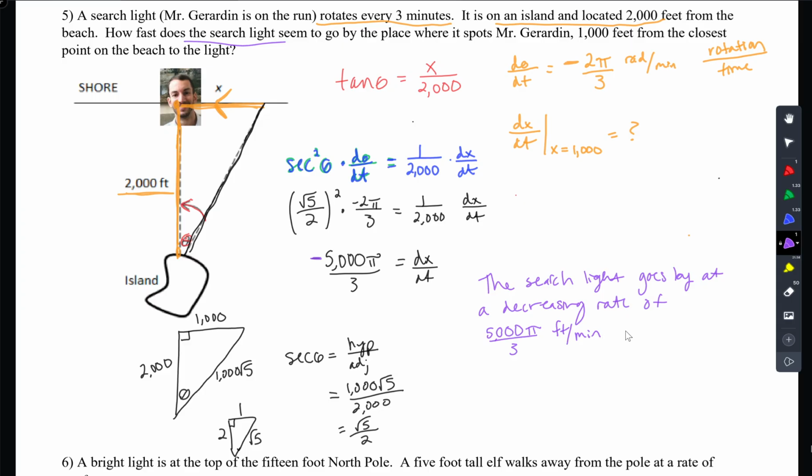Feet per minute when it is 1,000 feet from the closest point on the beach to the light. I'm literally rewriting the last sentence essentially, but putting in the numbers.